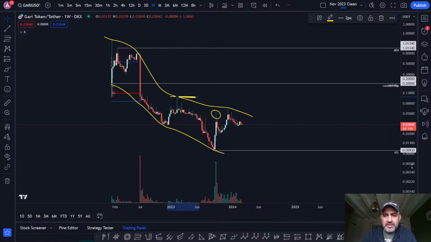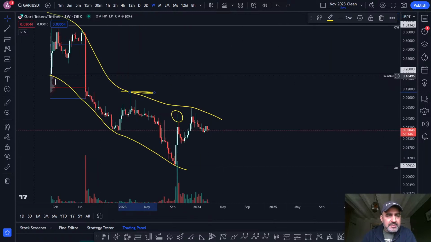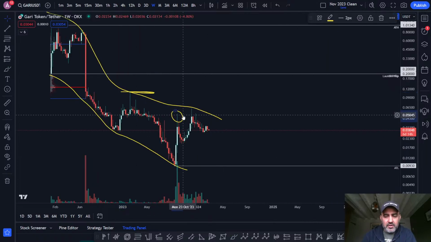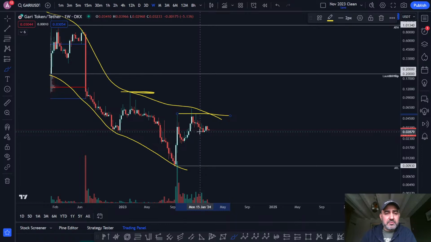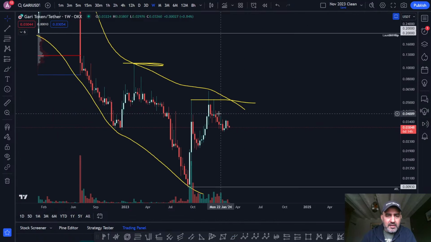Okay. And actually what you've got here is a swing failure pattern on this high there. That's a swing failure on that high. It's bearish. That's a sell signal. As soon as you have a swing failure, not only do you have a swing failure, you have a very nice weekly back test right there. See that? That's a weekly back test.